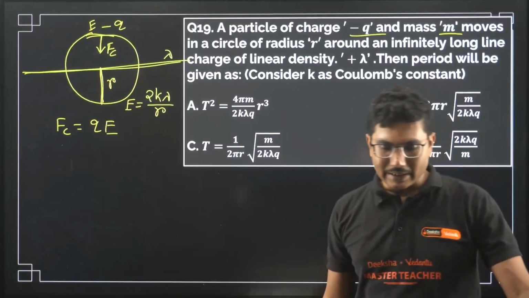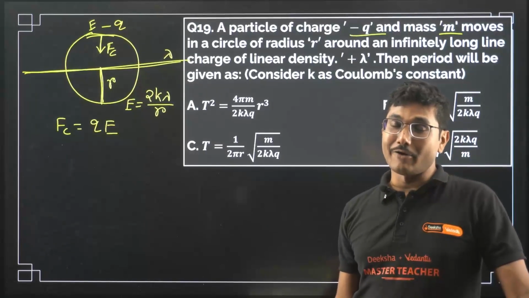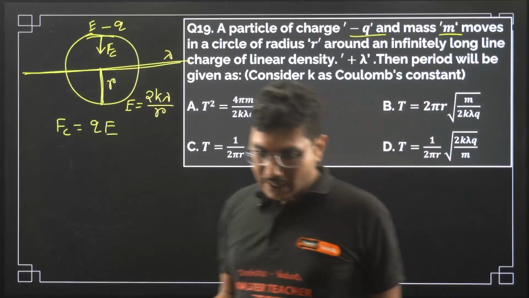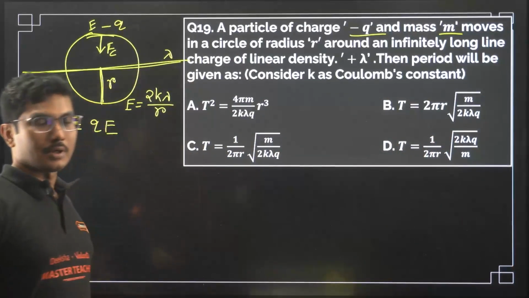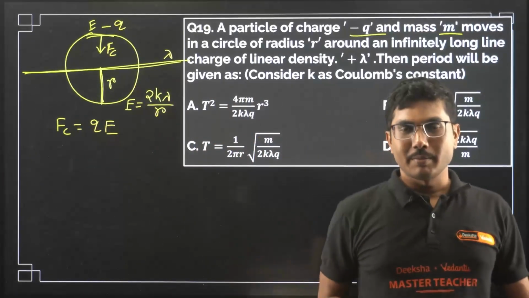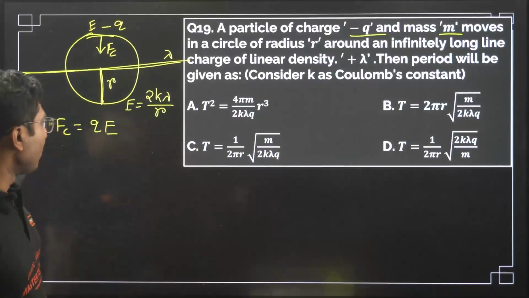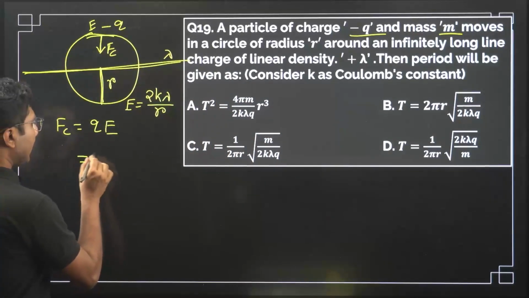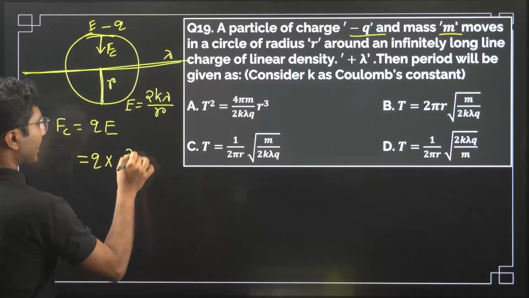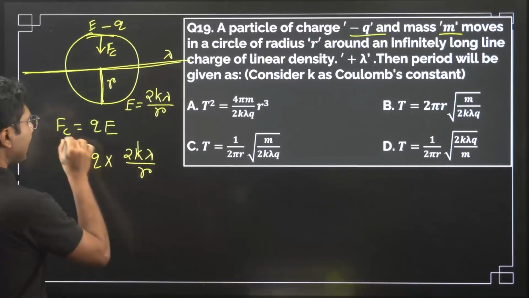Many students get confused with these two, and that's why I always ask students to remember it in the standard form, so that in case there is only 2 cancellation, you can do that anytime. But if you don't remember it, you will forget and your answer will be wrong. So electric field into charge, that is 2k q lambda by r. This is the centripetal force.